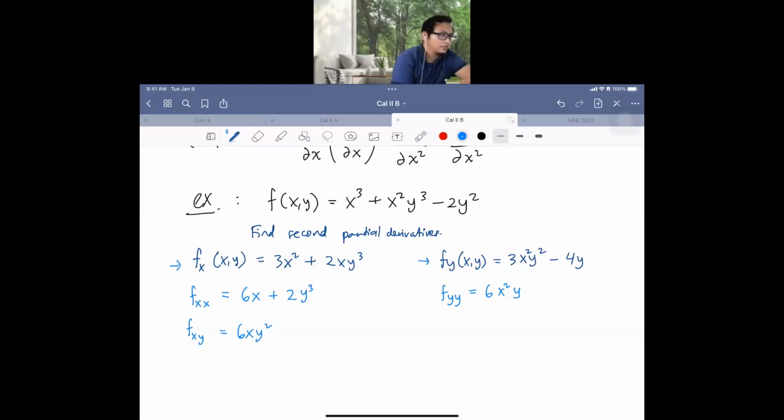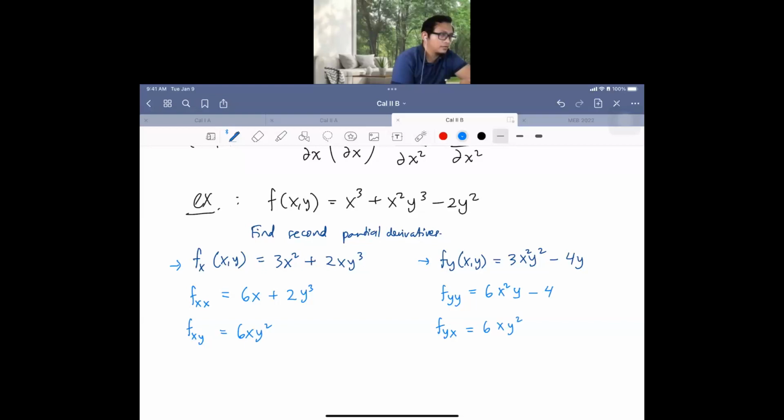And then f_yx, sorry, partial y derived with respect to x, this will be equal to 6xy squared, and 4y becomes 0.